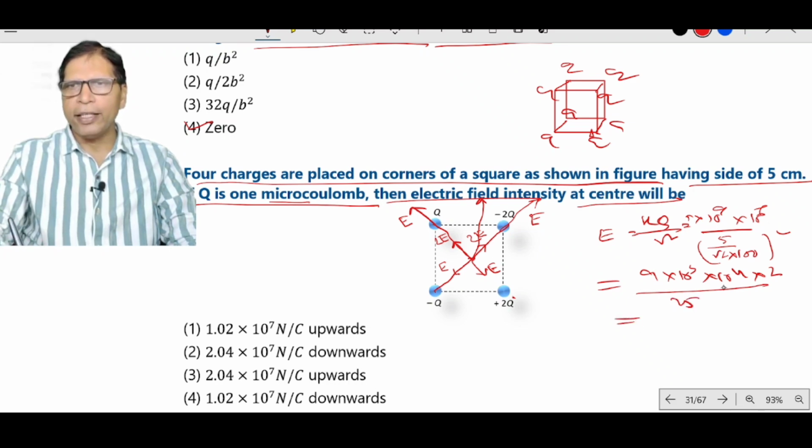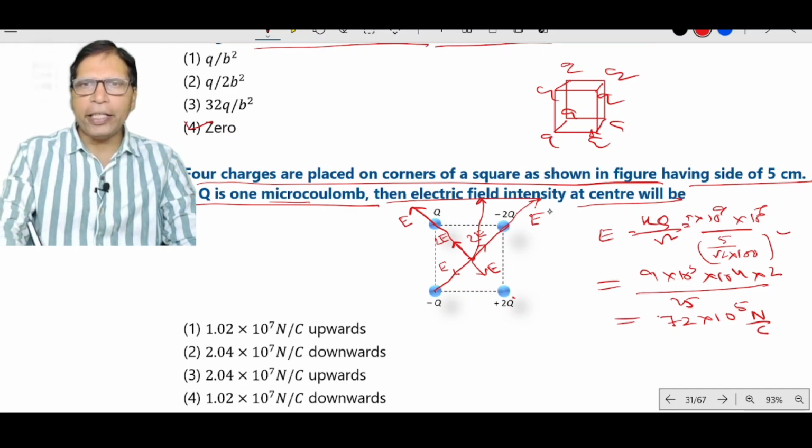So look at this, 18 into 4, that is 72. So E equals 72 into 10 to the power 5 Newton per coulomb, the electric field. No problem.